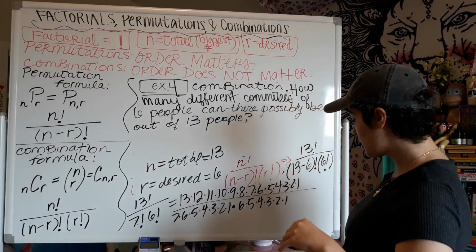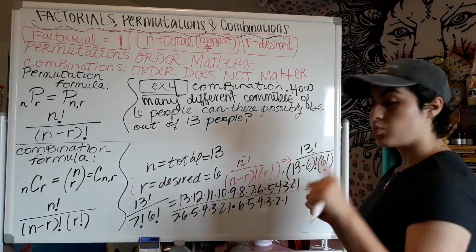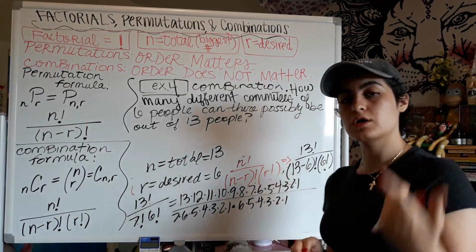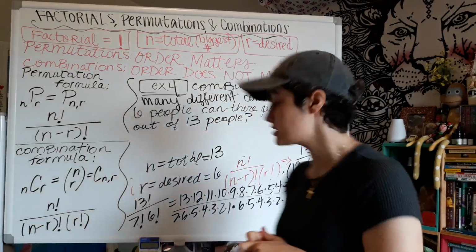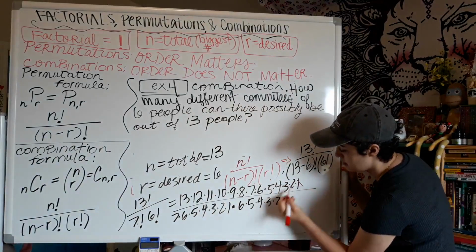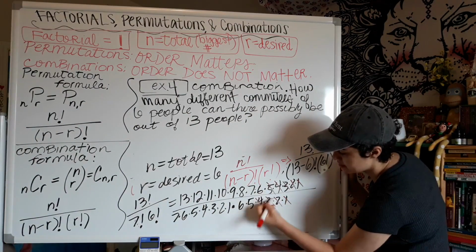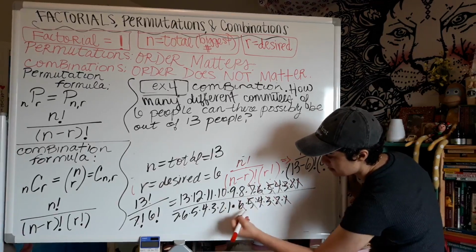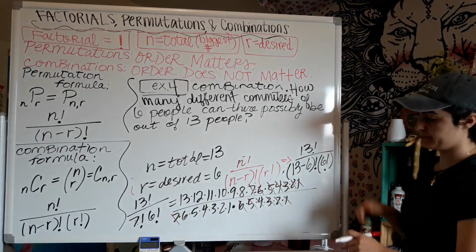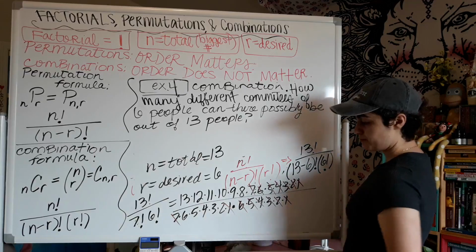Start canceling now. 1 always has to be on the top and 1 always has to be on the bottom. 2s, 3s, 4s, 5s, 6, 7, all the way over there, and I'll cancel that 1.